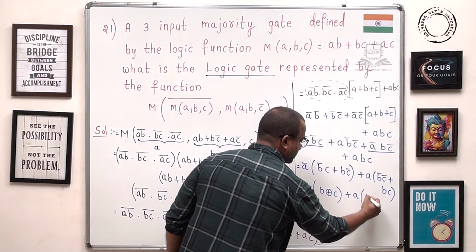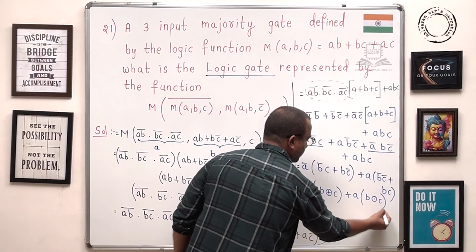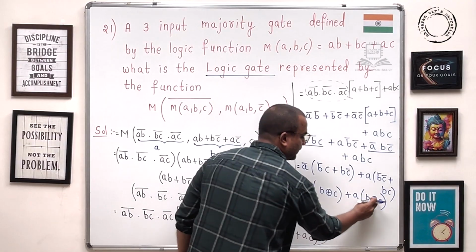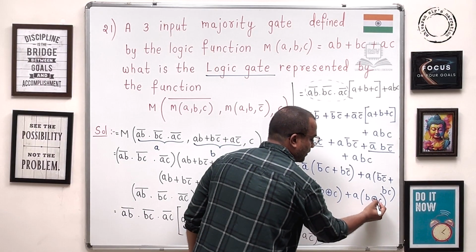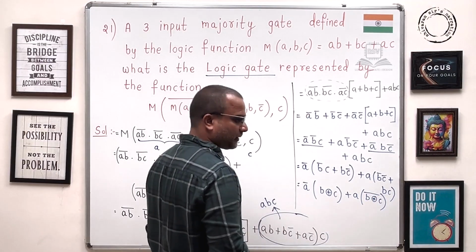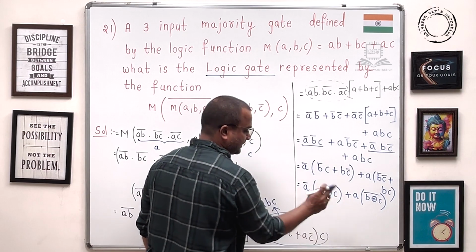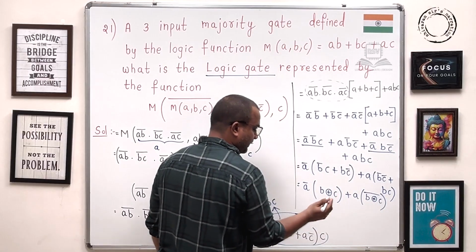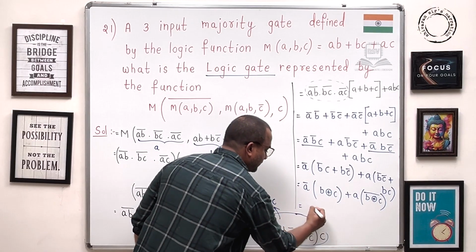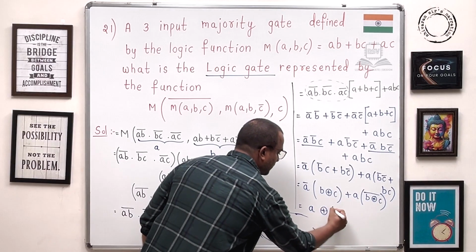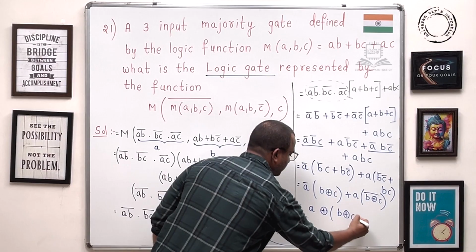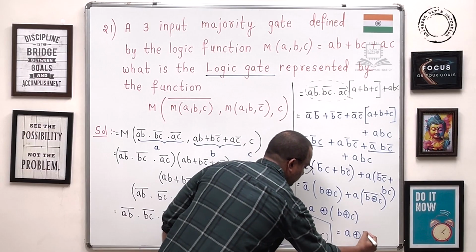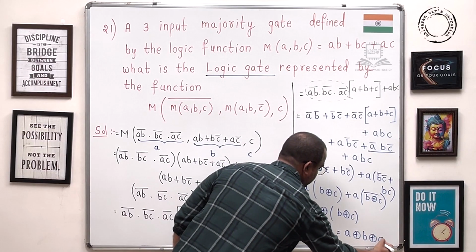Similarly, this can be written as B XOR C, because B bar C bar plus BC is B XOR C whole bar. This one. Therefore, if you assume B XOR C as X, A bar X plus A X bar, that means A XOR X, A XOR B XOR C, that means the final expression is A XOR B XOR C.